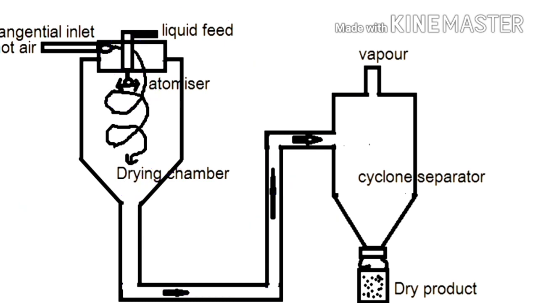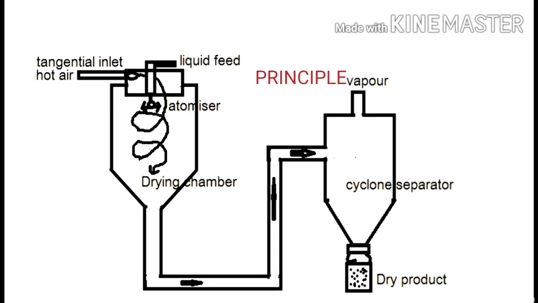In this presentation, we are going to learn the principle, construction, working, advantages, disadvantages and uses of this apparatus. In this assembly, you can see an inlet for introducing hot air. Through this inlet, hot air is introduced into the drying chamber.